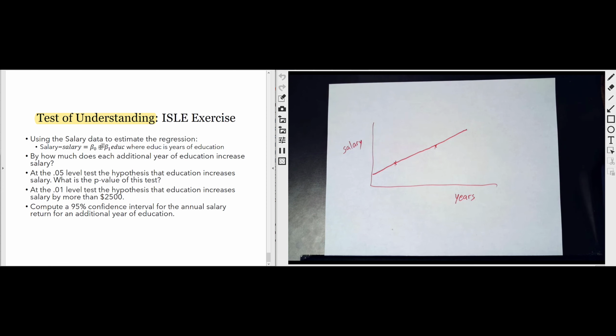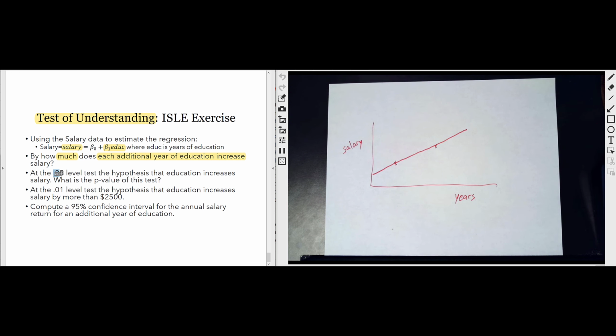That is, we want to get a regression that explains or computes or predicts salary as a function of years of education, rather than as a function of years of working with the company. All right, and we'll get a slope, which will tell us how much each additional year of education increases salary.